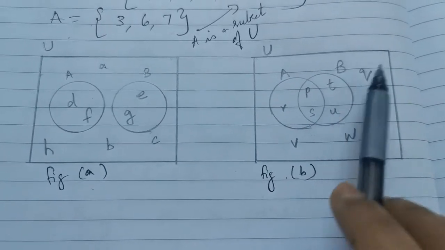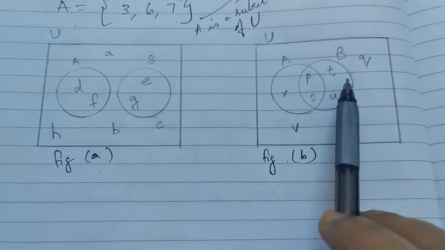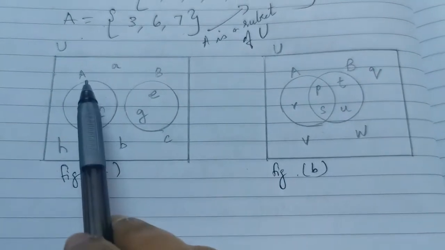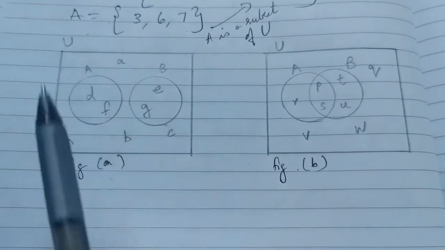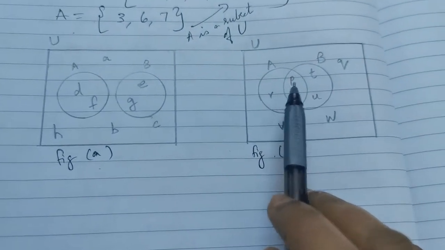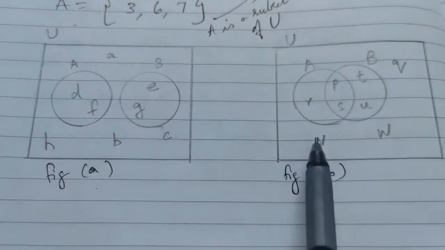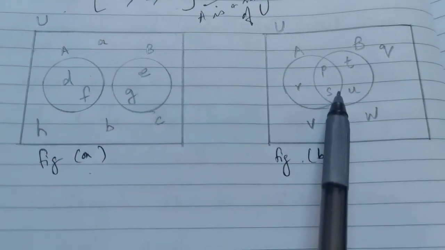In figure B, we have a rectangular box and two circles, circle A and circle B, which are intersecting. In both, set A and set B are subsets of the universal set. Now what is the difference between these two figures? Here they are not intersecting, here they are intersecting.